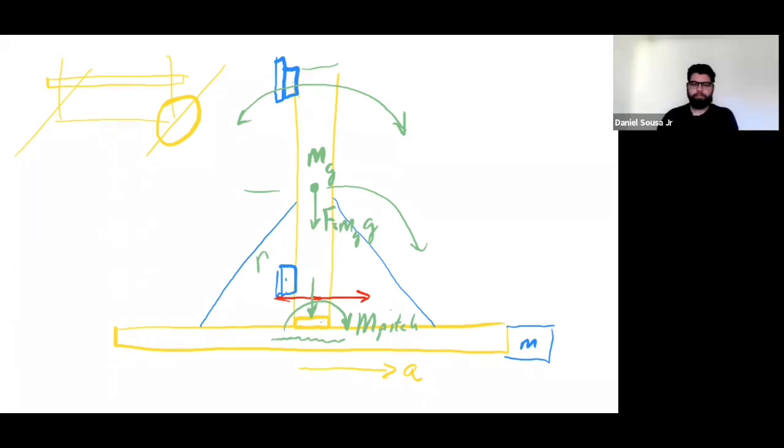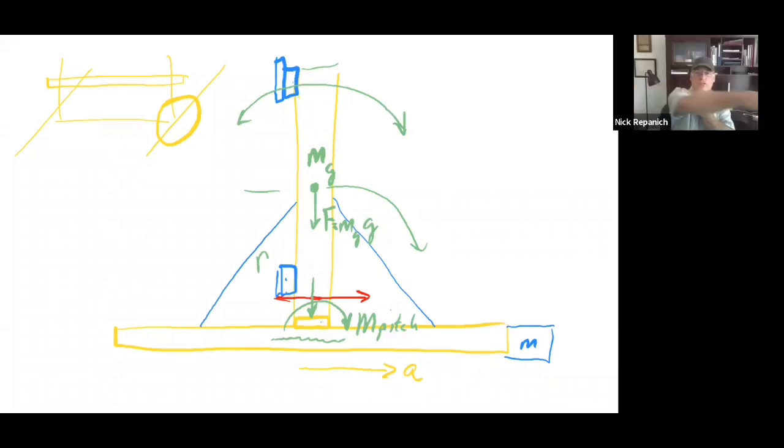But you could just say, you know what, worst case is it's doing this, or worst case is its R is way up here.